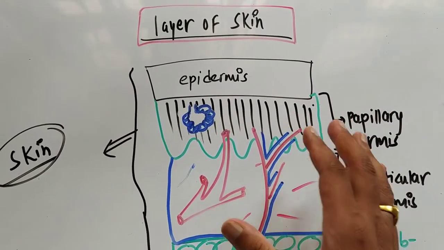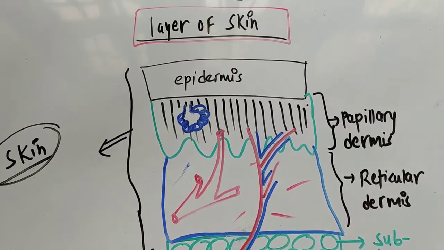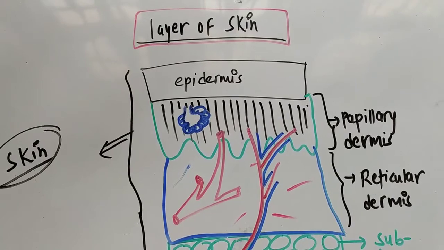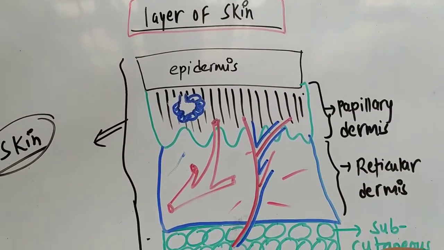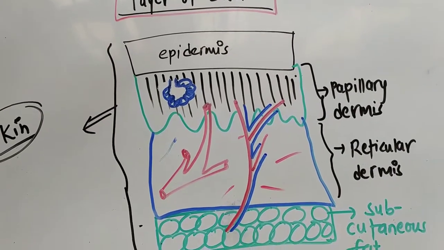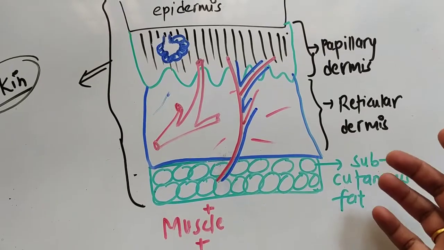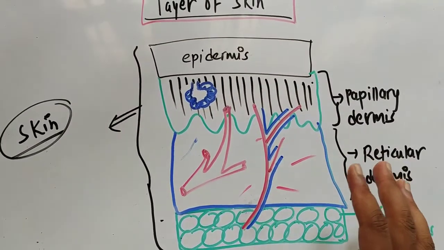The papillary dermis usually contains some amount of blood vessels, oil glands, and other structures. Similarly, the reticular dermis contains the blood vessels, the nerves, and some glands too. Beneath the reticular dermis there is subcutaneous fat, and beneath the subcutaneous fat we will see muscle or the bone. So the skin basically contains 3 layers.